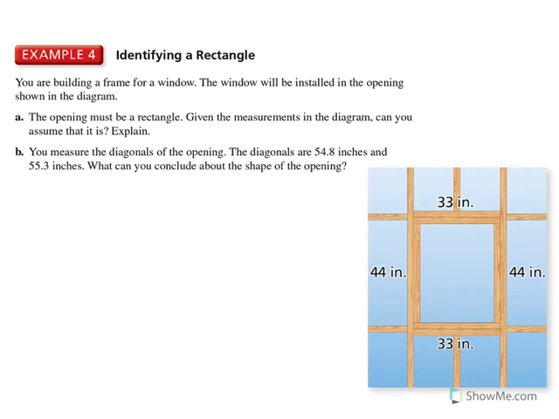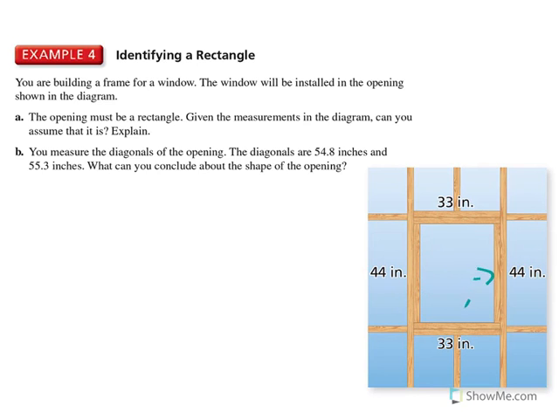My answer for this would be no, because just because I know the side lengths, yes, we know the opposite sides are equal here, that only tells me that it is a parallelogram. I do not have anything that tells me that it is actually a rectangle, because if it would be a rectangle, I need those right angles or I need more information.